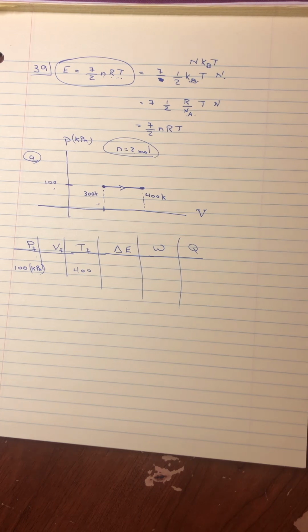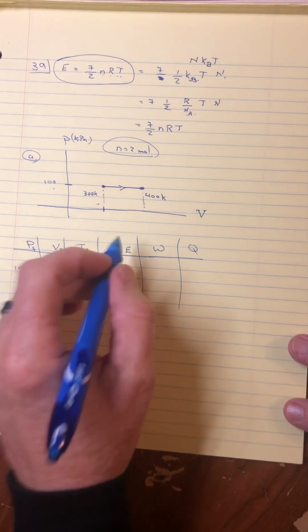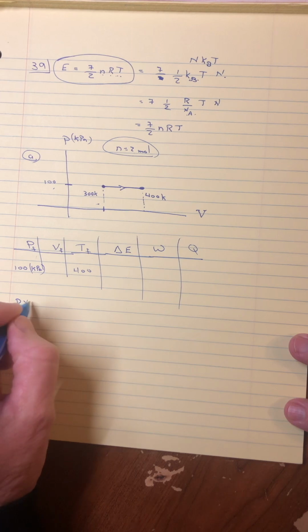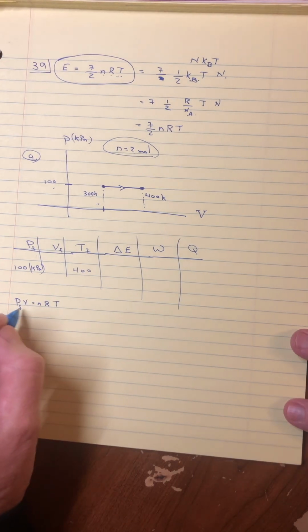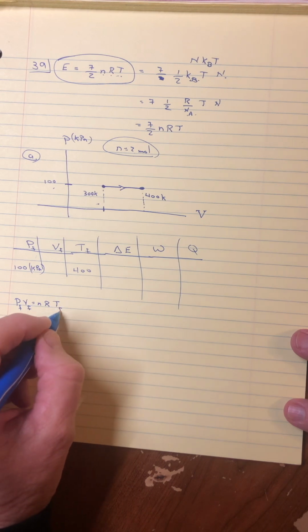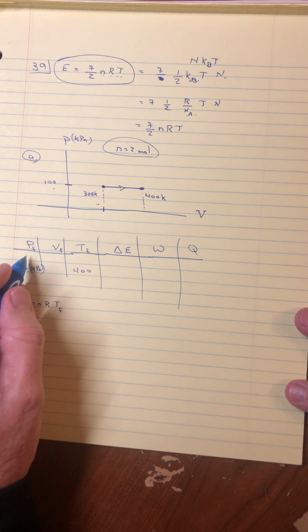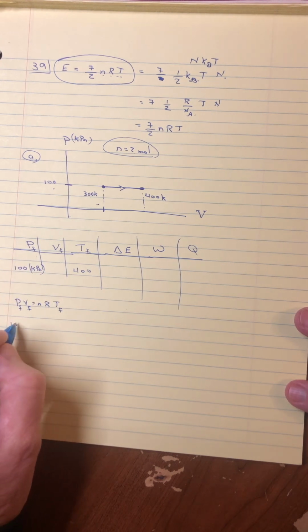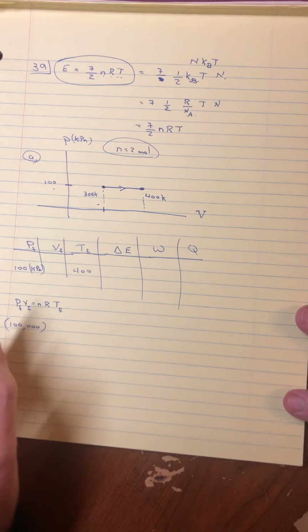What they haven't given me is the final volume, but here's where I'm going to take advantage of PV equals nRT. And I'm just going to apply this to the final condition and say, okay, the final pressure is, and I'll write it as 100,000.